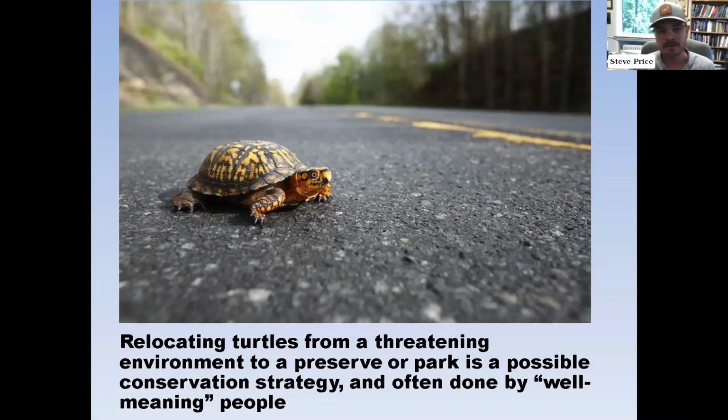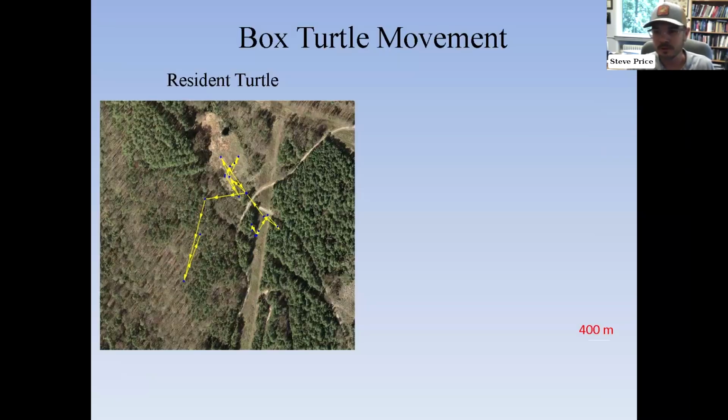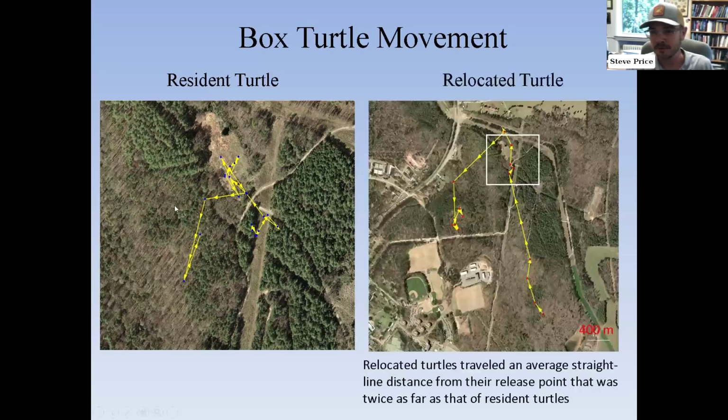But the problem is these turtles, especially box turtles, have very specific home ranges. So we did a study to look at what happens when you move turtles and how that compares to a resident population. So this is a resident turtle and its movement here, and it's paired with a relocated turtle.